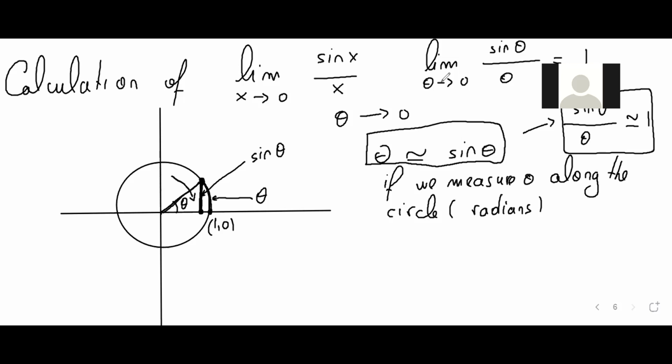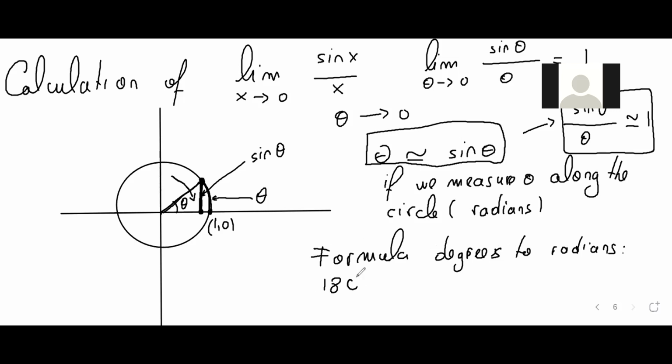Now, if theta were measured in degrees, there is a formula for converting degrees to radians, and that formula is: 180 degrees is pi radians. So if you want 1 degree, that's going to be pi over 180 radians.